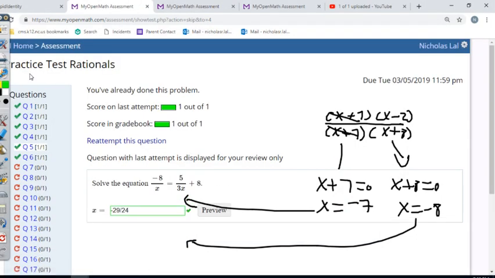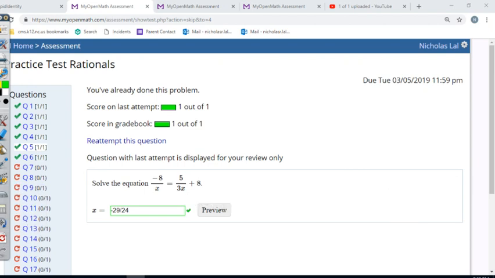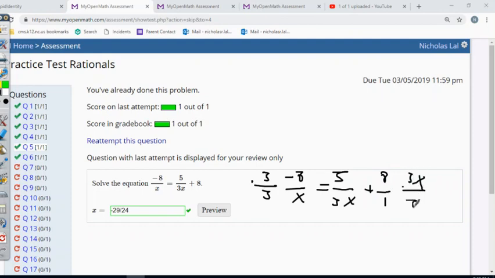Question 5. Need to get a common denominator here, so I multiply this term by 3 because I'm getting a common denominator of 3x. 3 over 3 times negative 8 over x is equal to 5 over 3x plus 8 over 1 times 3x over 3x.